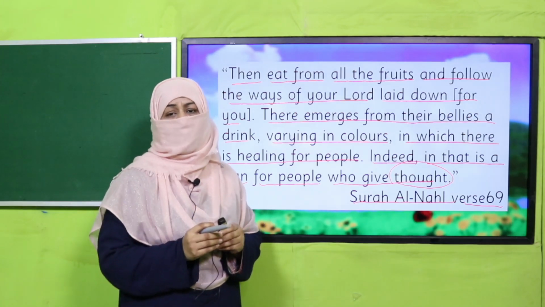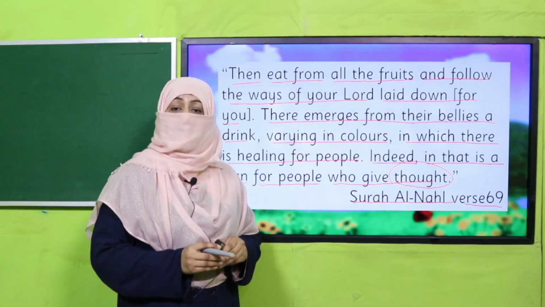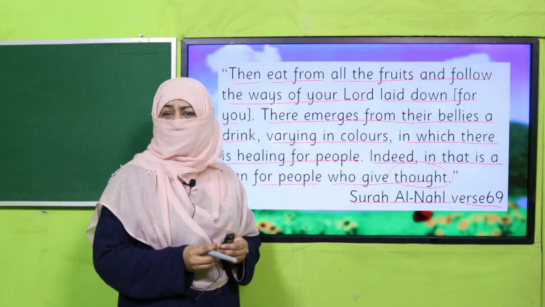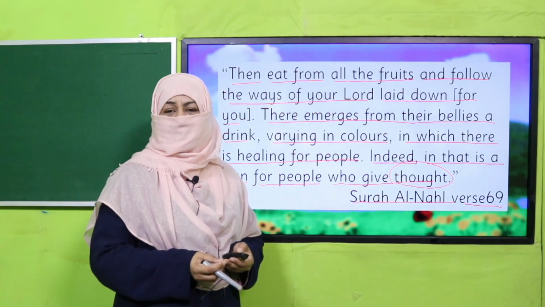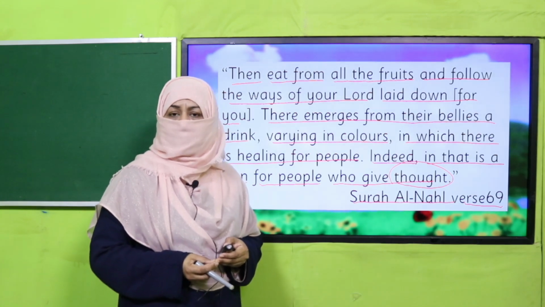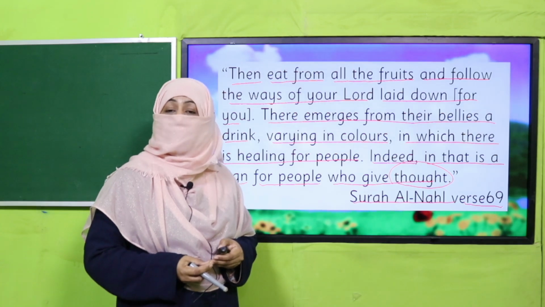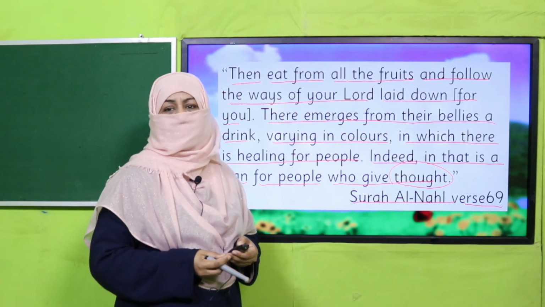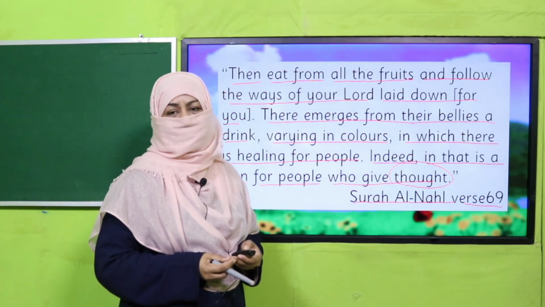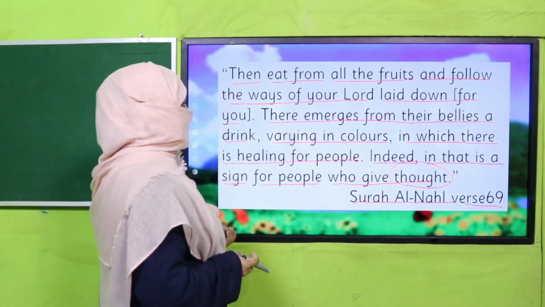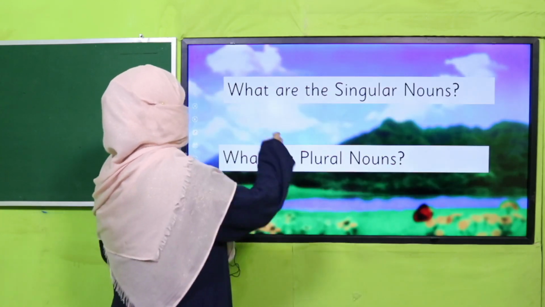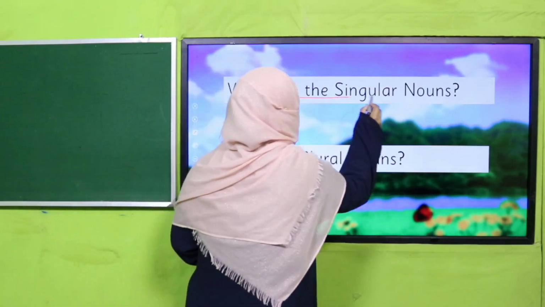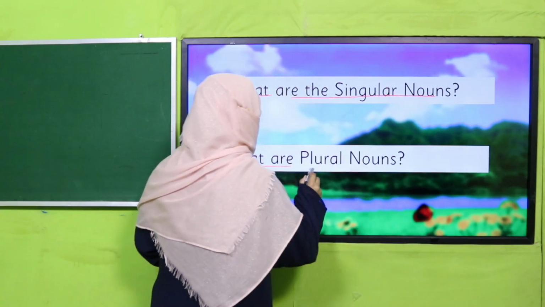And beta, it's so amazing that even there are many fruits which we have not yet tasted, right? So, Alhamdulillah for all the fruits and Alhamdulillah for all the blessings which Allah subhanahu wa ta'ala has given us, Alhamdulillah, right? So, my children, now you tell me what are the singular nouns and what are plural nouns.